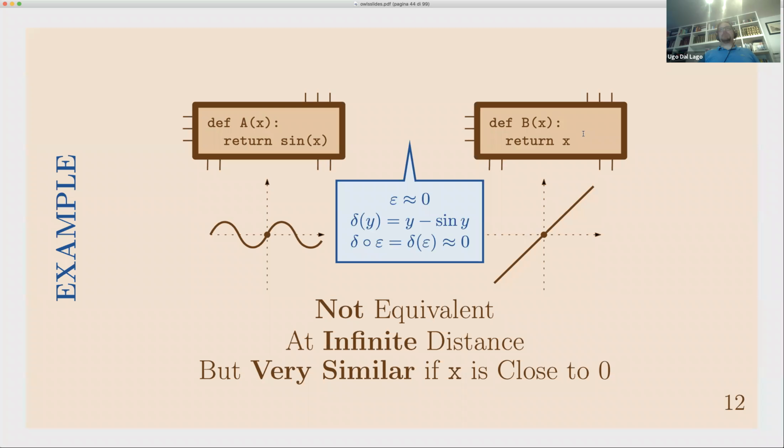You would like to be able to say that when the context feeds the two programs with an argument close to zero, then, well, since the distance between these two functions is itself a function, depending on this epsilon, the overall systems, the ones you obtain by A and B, are not so far from each other because delta applied to epsilon is close to zero.